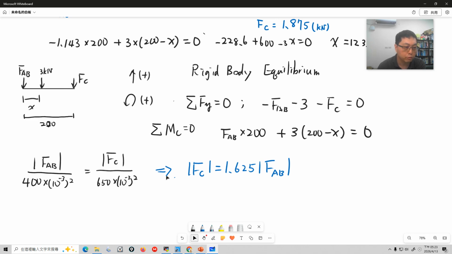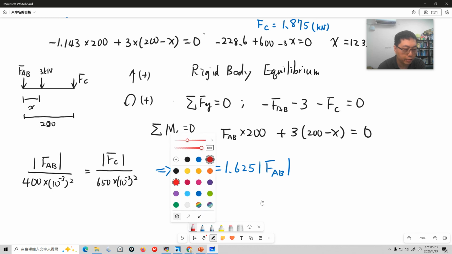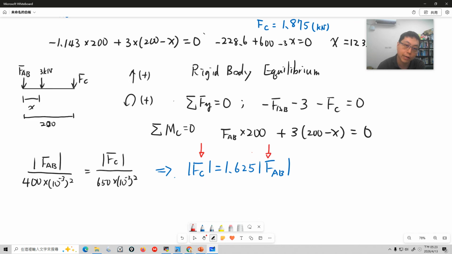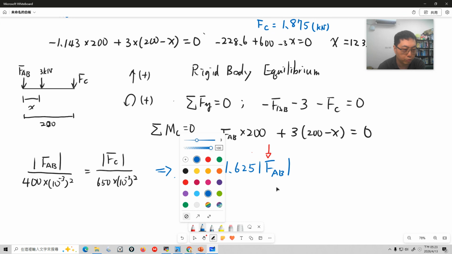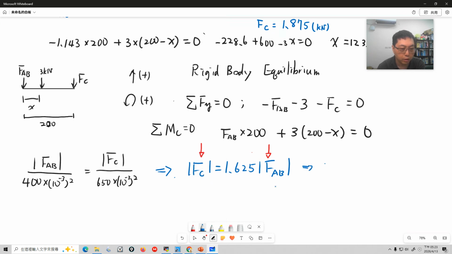Right now I want to make this absolute bracket disappear. Be noticed, because initially I assume FC and FAB are in the same direction, all pointing down, when I remove the bracket you don't have to change sign. So this also gives FC equal to 1.625 FAB.